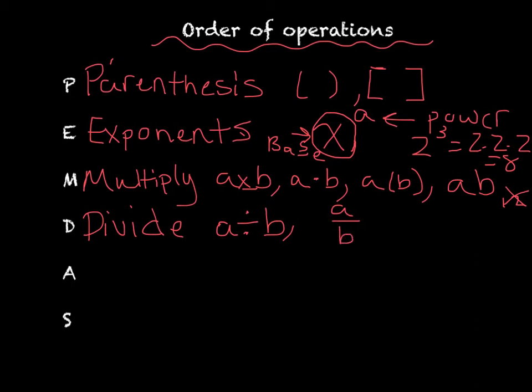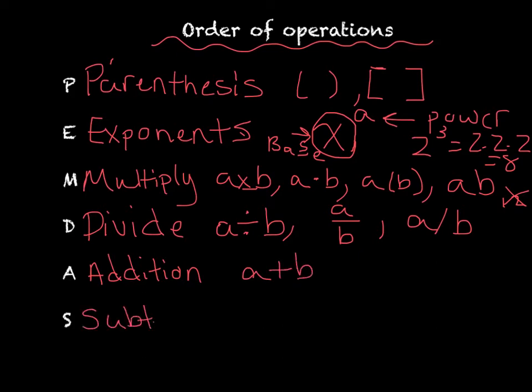The way this reads is A divided by B. In your calculators, sometimes it will give you a backslash. That also means division. A is for addition. Those don't change. A plus B. And the last one, subtraction. A minus B.